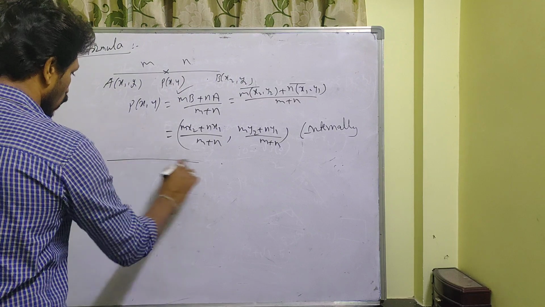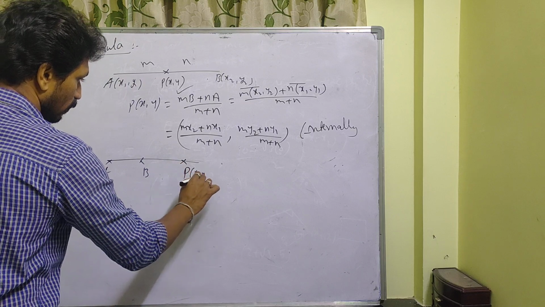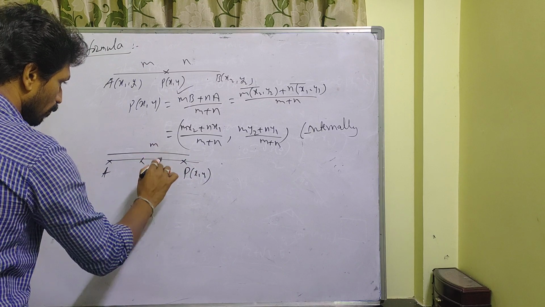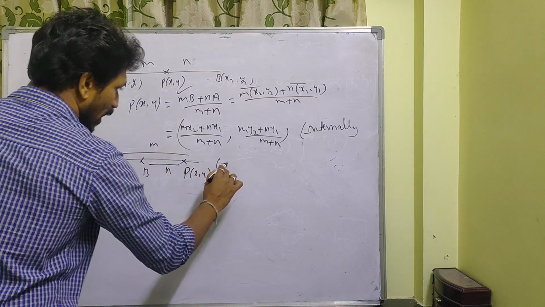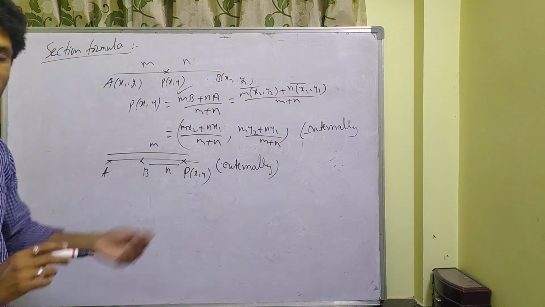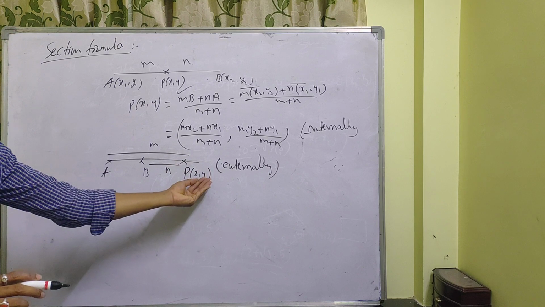For suppose A is here, B is here, P is here. So if P divides AB in the ratio m is to n externally, so this point is outside. For the AB line segment, P is outside.